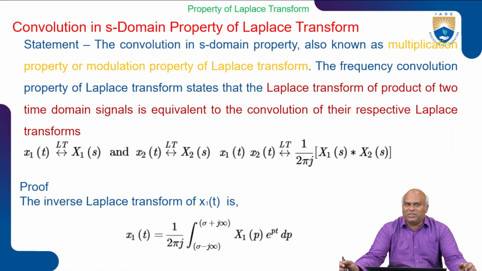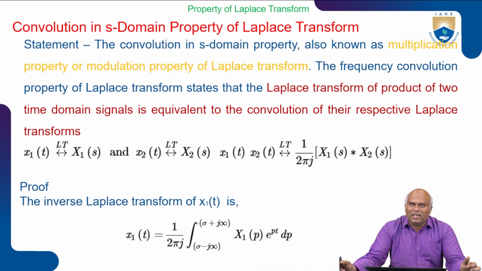Laplace transforms. Here I take two different signals, x1 of t and x2 of t, both continuous time signals. Taking the Laplace transform of both gives X1 of s and X2 of s.